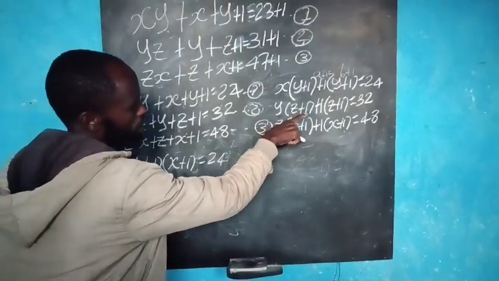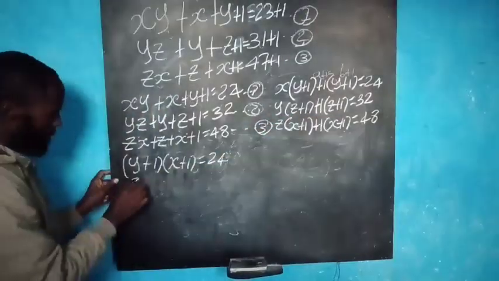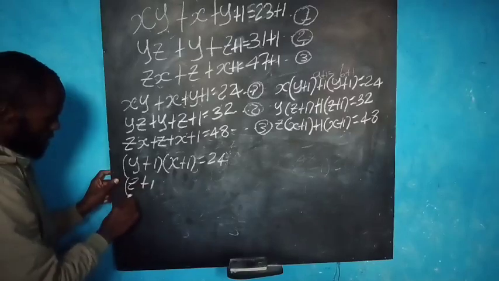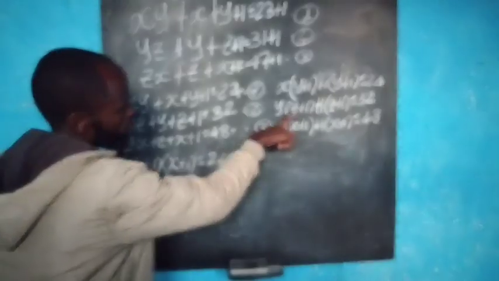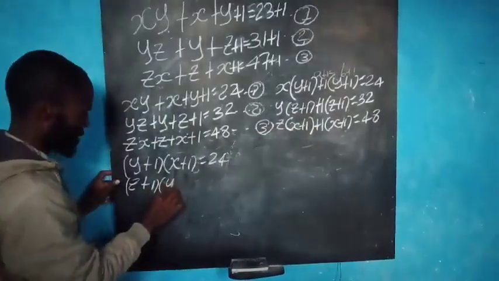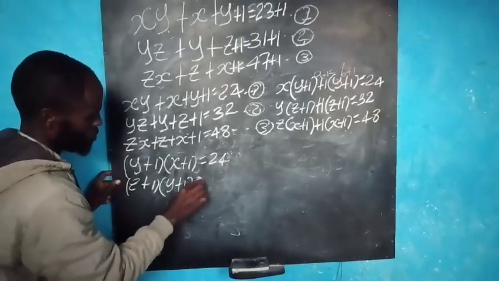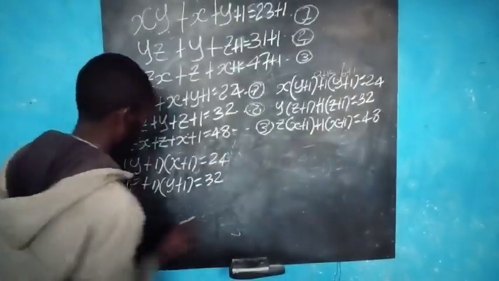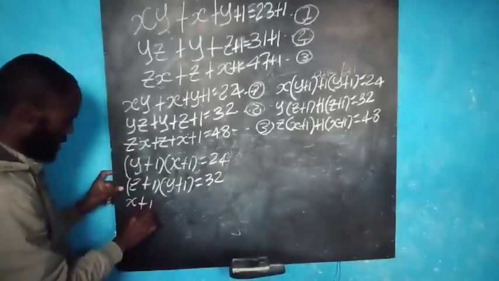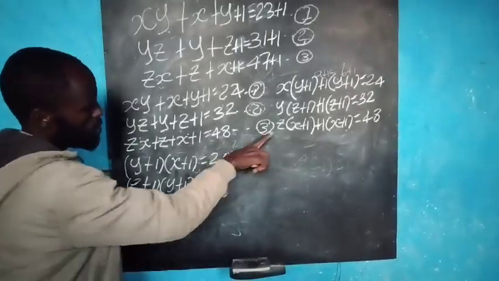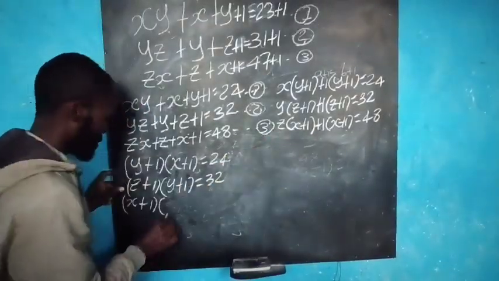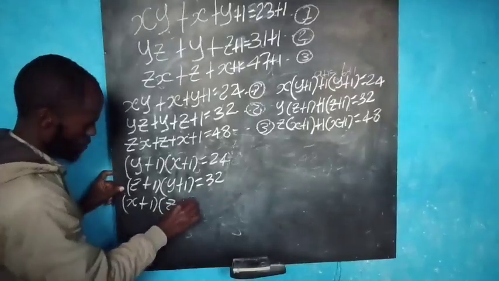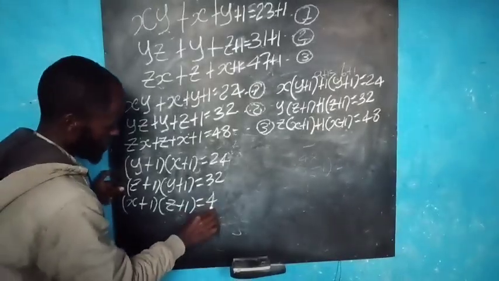Here z plus 1 and also y plus 1, so z plus 1 times y plus 1 equals 32. Here x plus 1 and also z plus 1, so x plus 1 times z plus 1 equals 48.